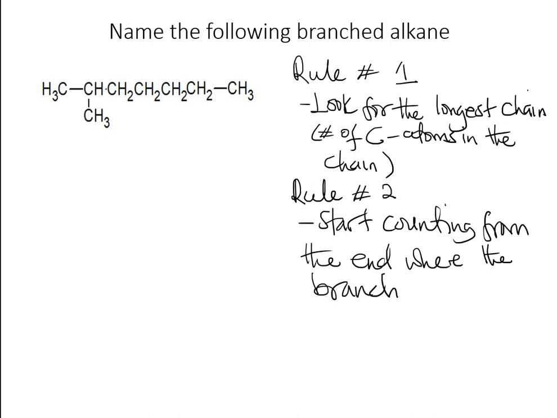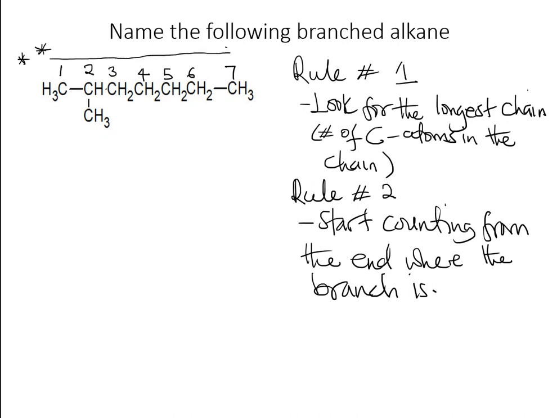That is rule number 2. So here we are looking at this molecule and asking which one is our longest chain. I'll start counting this chain from here. We have carbon number 1, 2, 3, 4, 5, 6, 7. As you can see, my 1 is here close to the branch. So this is one chain.